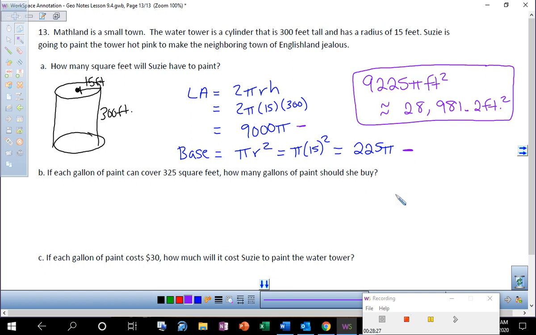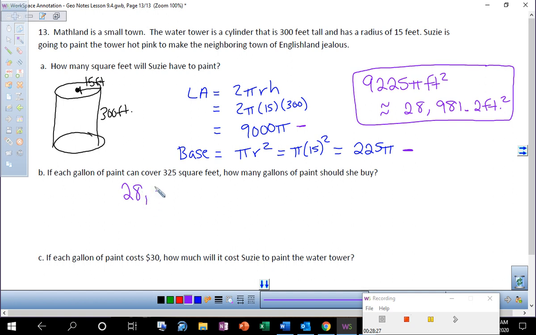So part B says if each gallon of paint can cover 325 square feet, how many gallons should she buy? So we need to take our total square footage that we need to paint and divide it by that 325.